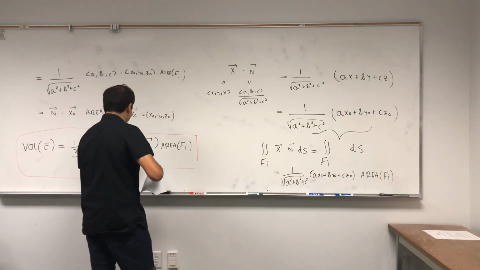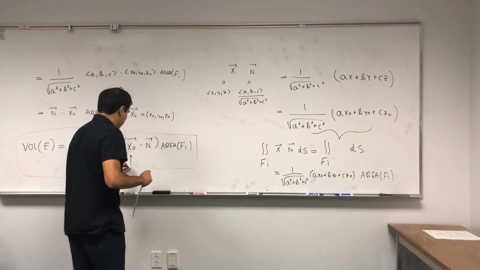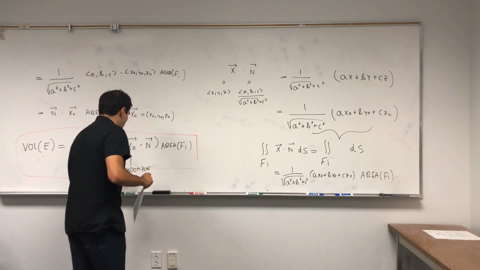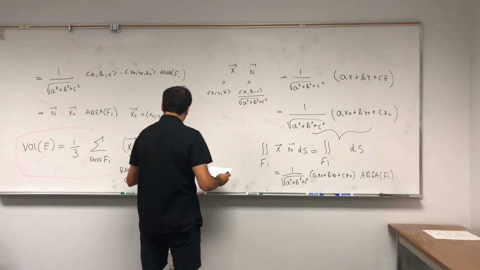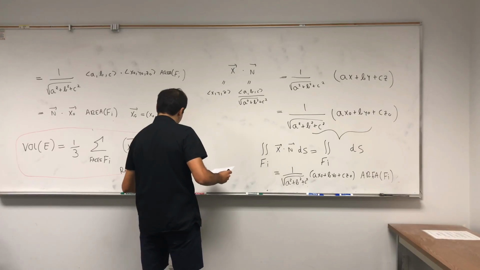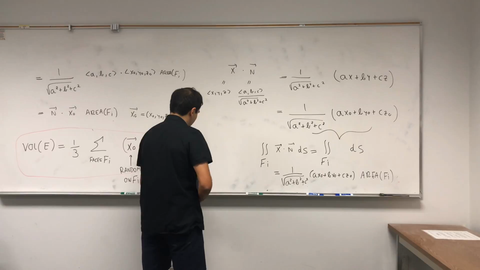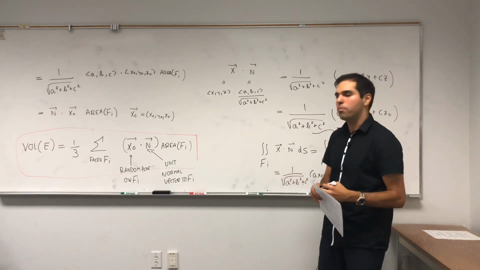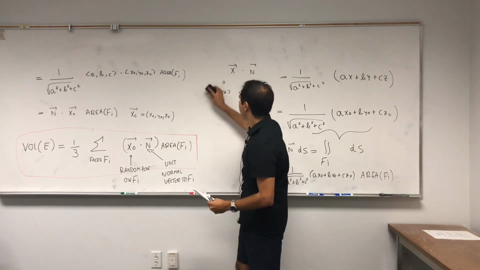Okay, and what is x naught? It depends on i, so it's just a random point on Fi, and n is just a unit normal vector to Fi. And this unit normal vector doesn't depend on the point at all because Fi is just included in the plane.